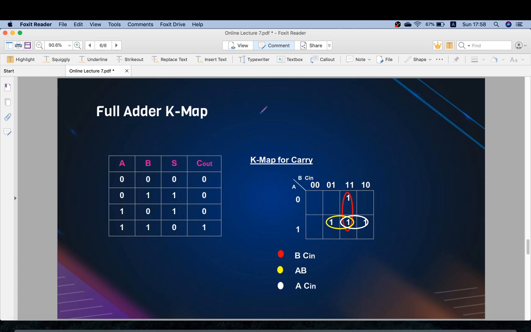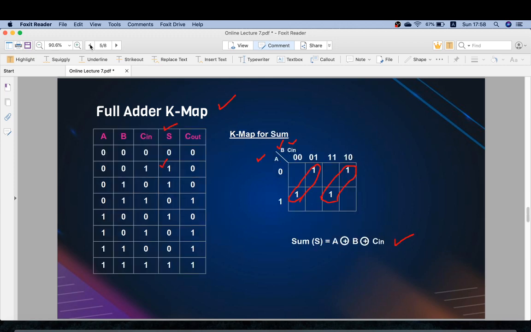Now we will make the K-map for the C out, or for the carry out. So let's draw the K-map for this. First of all, we will take this K-map for our design.